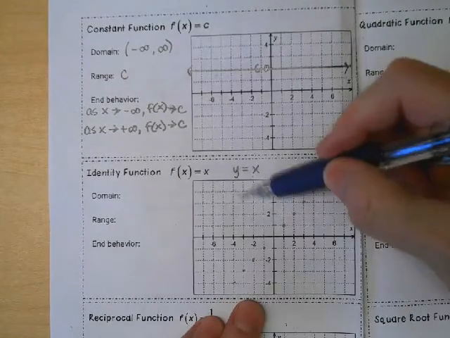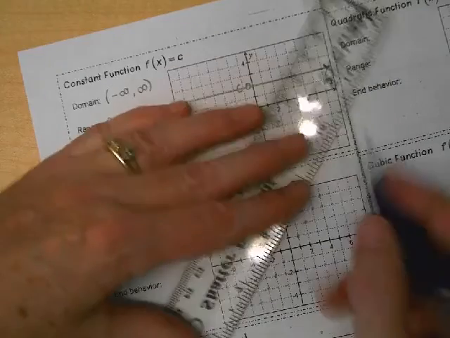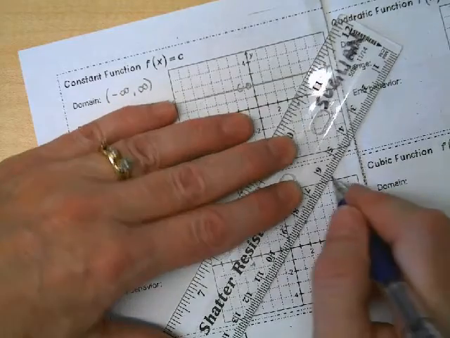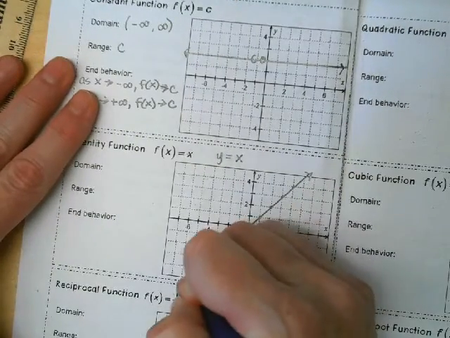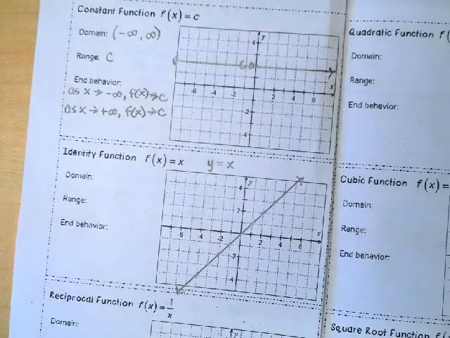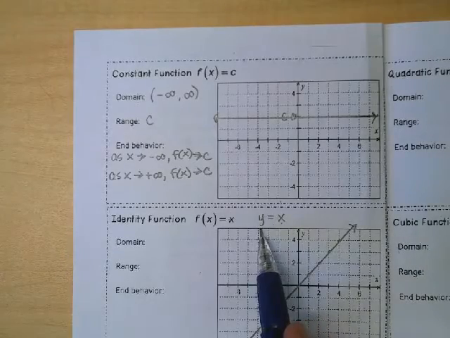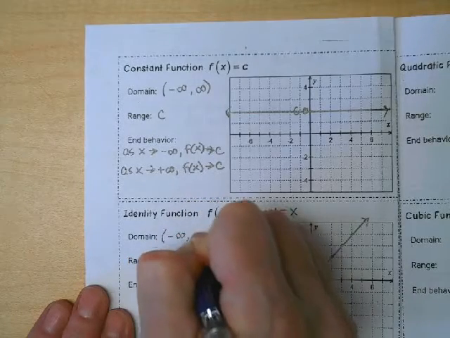If it had negative slope, it would go this way. So it comes up a lot, so I want you to make sure that you're looking for the identity function. I could put any number I wanted in for x, and I could get any number out for y. So the domain and range are going to be all real numbers.